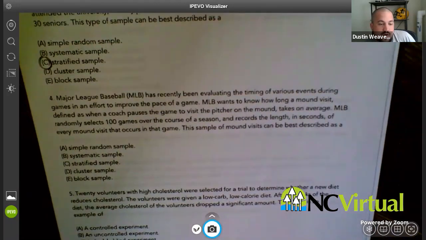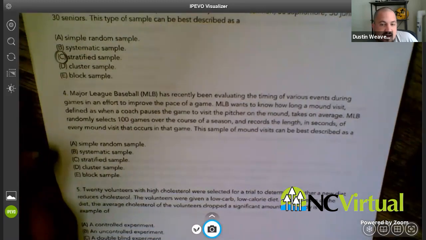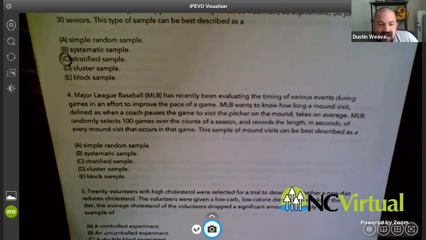All right, number 4. Major League Baseball has recently been evaluating the timing of various events during games in an effort to improve the pace of the game. MLB wants to know how long a mound visit, defined as when a coach pauses the game to visit the pitcher on the mound, takes on average. MLB randomly selects 100 games over the course of the season and records the length in seconds of every mound visit that occurs in that game.